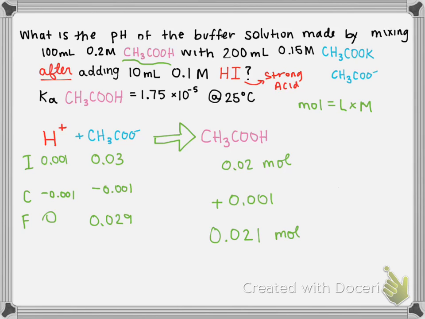And so we have conjugate base and weak acid. So we still have a buffer, and we can plug into the Henderson-Hasselbalch equation using those amounts.